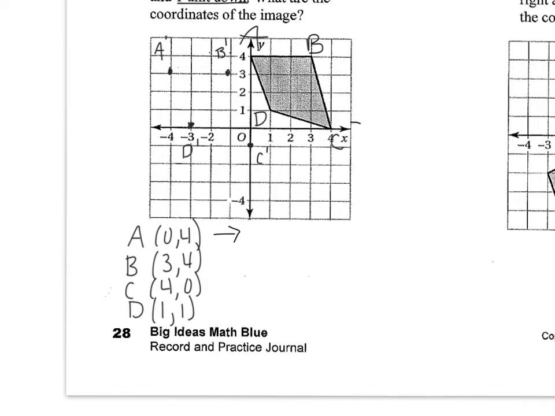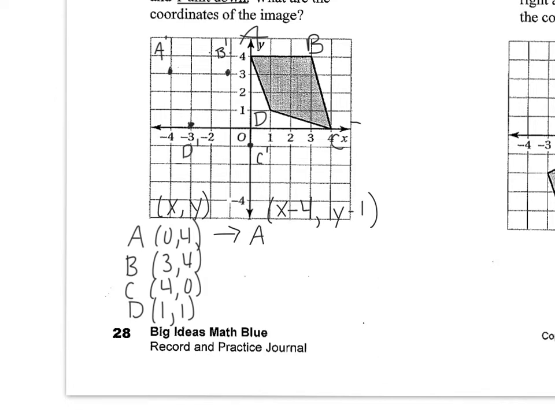So in coordinate notation, I am taking the x, y value, and to the x value, since I'm moving to the left, I am subtracting 4. And for the y value, since I'm moving down 1, I am subtracting 1 from the original y value.